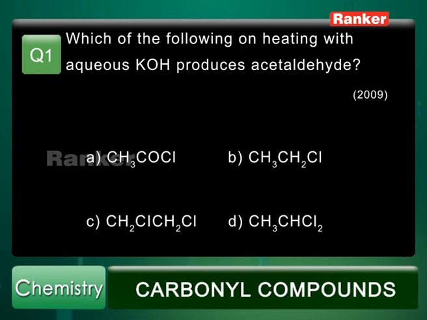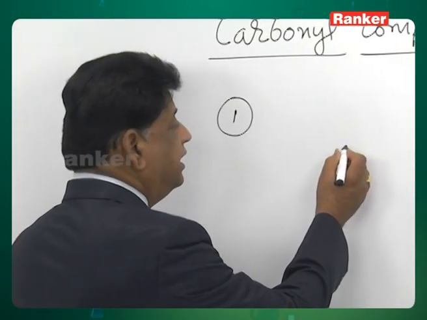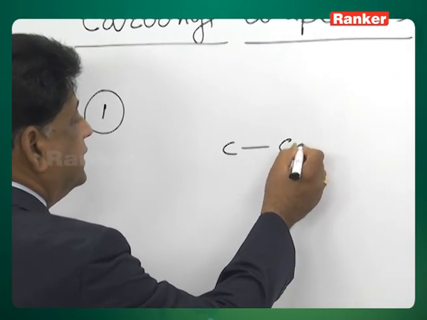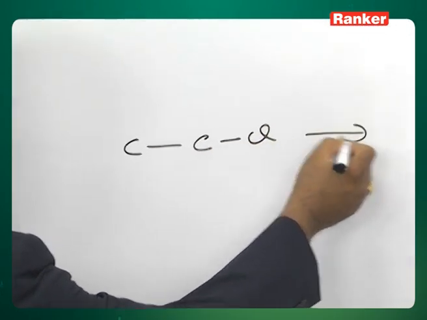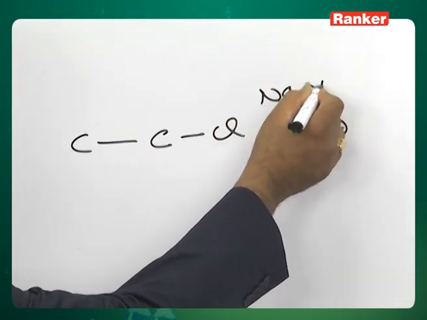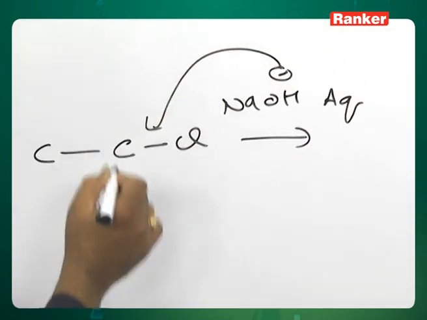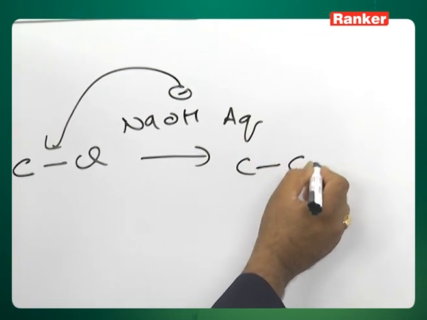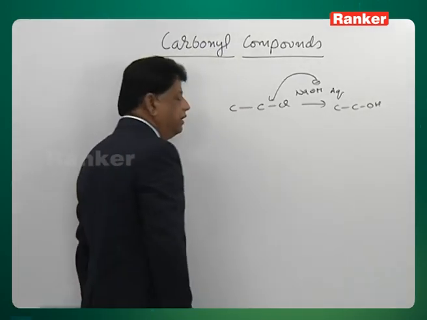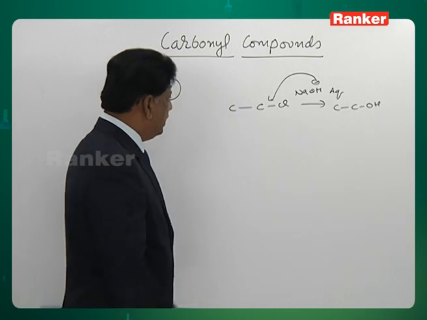Here there is a small concept. Whenever a halogen compound has one halogen, when you have an aqueous solution of NaOH, the OH will replace the Cl and the corresponding alcohol is formed. That is, whenever an alkyl halide is there, you will get alcohol.